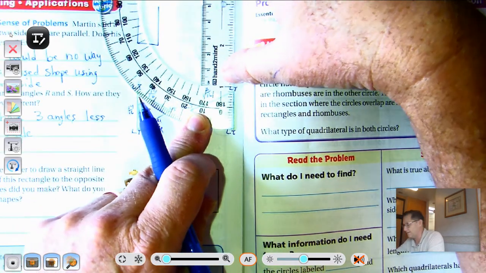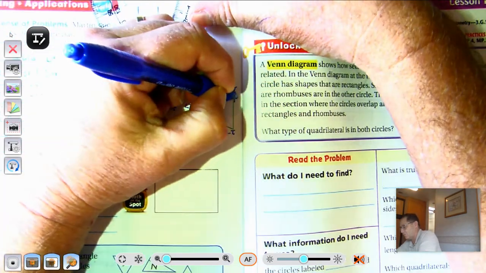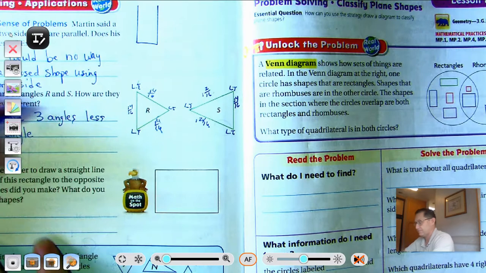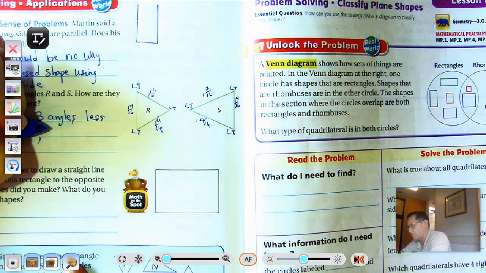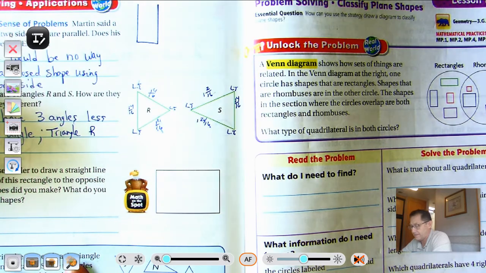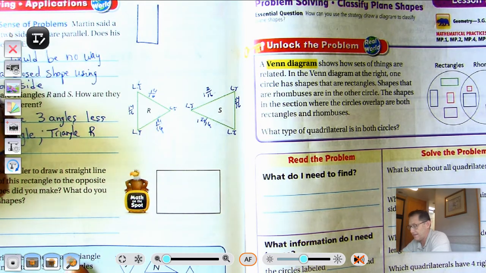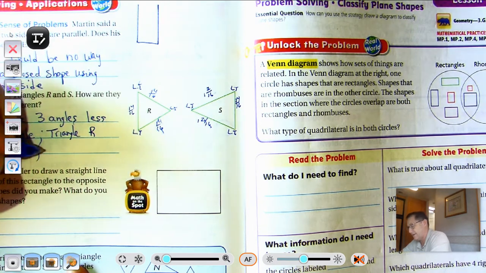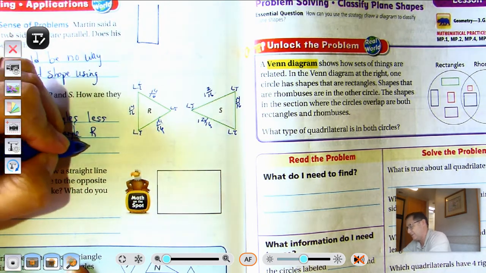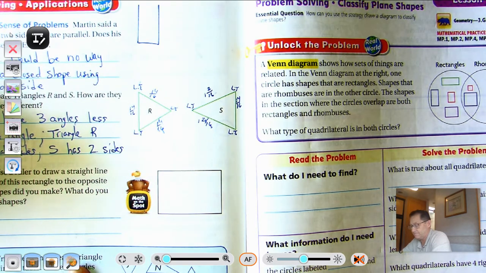Okay, here's 1, but the triangle ends here. So I would say this is 14/16. Triangle R has 3 equal sides. S has 2 sides of equal length.